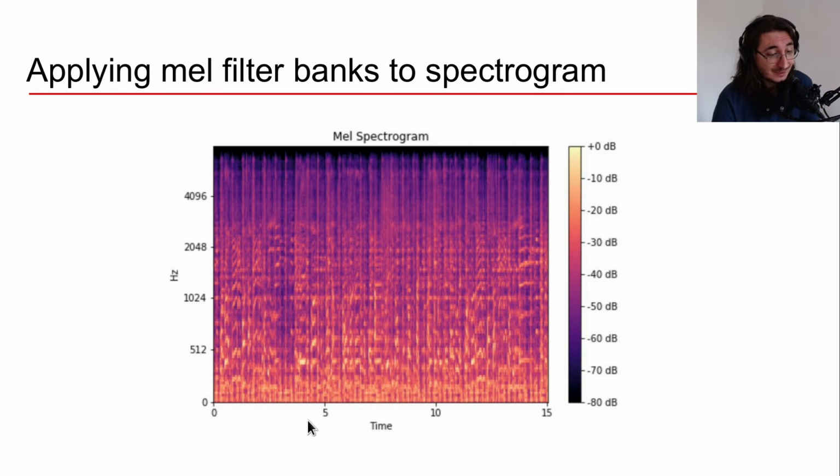On the x-axis we have time, on the y-axis once again we have frequency, but this time the different frequency bins are not the linear bins that we used with the spectrogram, but rather the Mel bands. Each frequency bin is a different Mel band, which is perceptually relevant. And each point has an associated color that represents how present a certain Mel band is at a certain point in time.